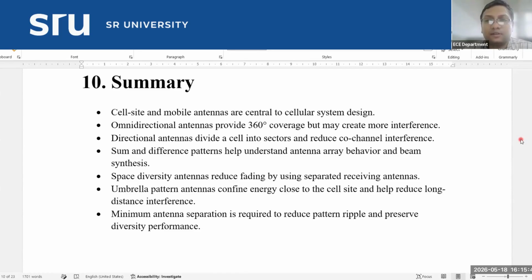So this was all about Unit 4. We have touched all the points mentioned in the syllabus, and with the help of theory and equations, we have covered each and every important point.